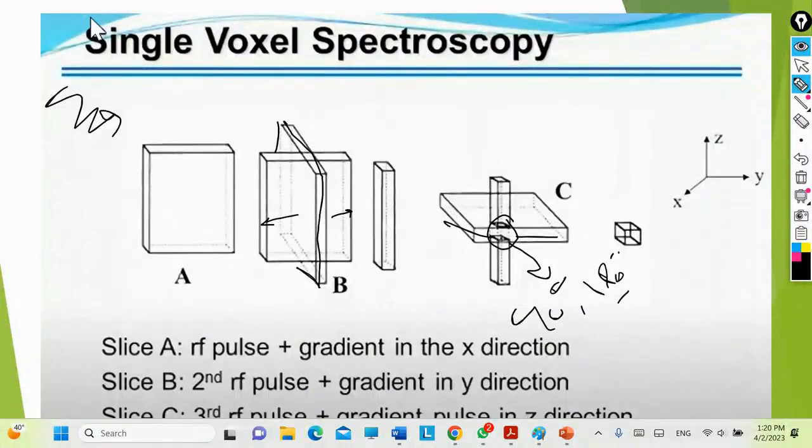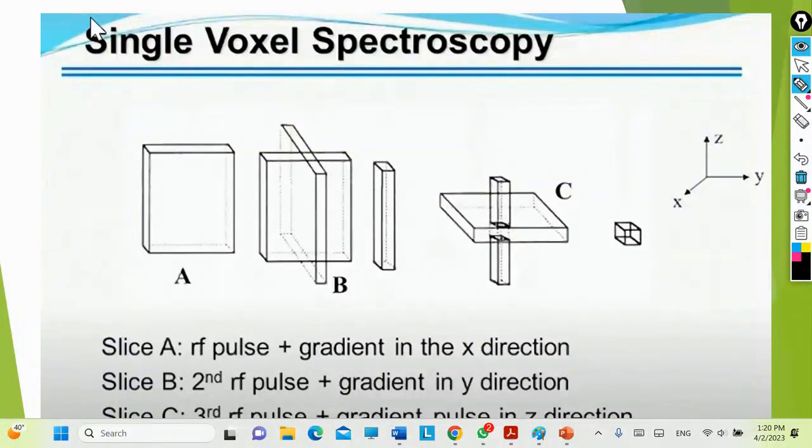So when I give another plane in this direction, what is the point of overlap between my three planes? This point is the voxel you chose, and this voxel is the one you excited. This is what will give you the signal you want.